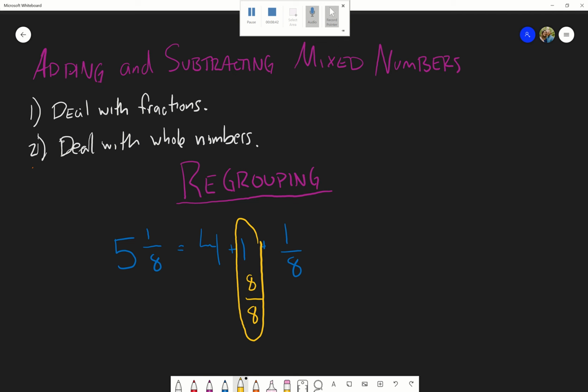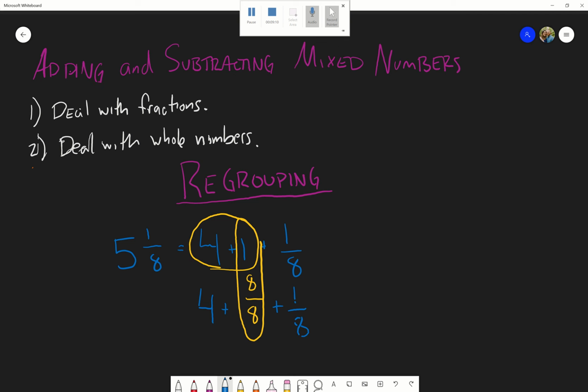And so when I can take a 1 away from a whole number, when I can separate this 5 into 4 plus 1, I can turn my 1 into 8/8. And now I have 4 plus 8/8 plus 1/8. Okay, and it'll make a little more sense once we do this with real problems, but this does work.